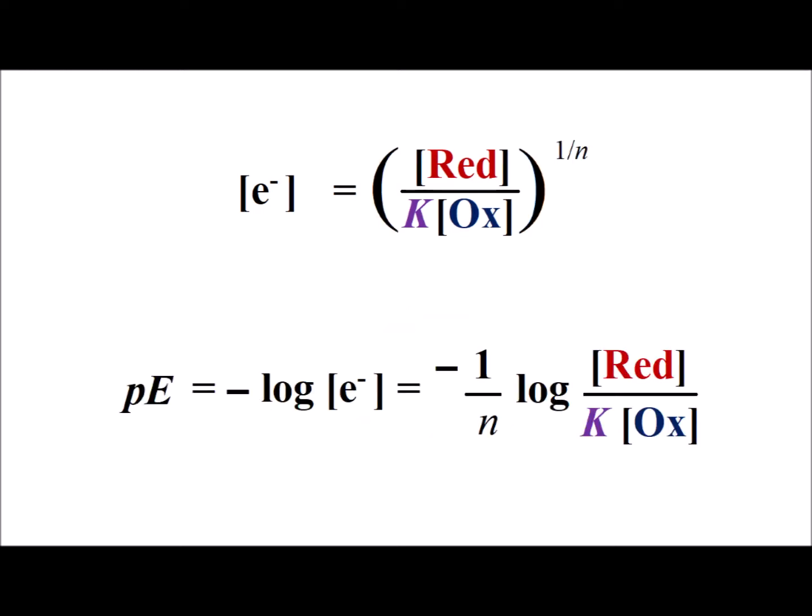We then define a function Pe, which is the negative log of the activity of the electron, by analogy to the pH, and by taking the negative log of each side, we get the resulting expression.